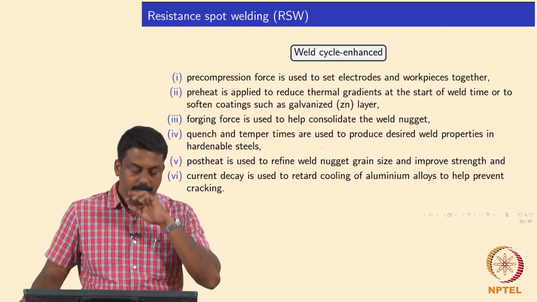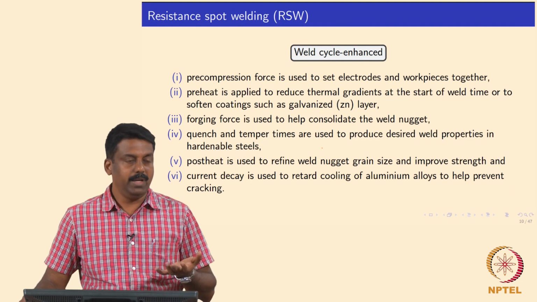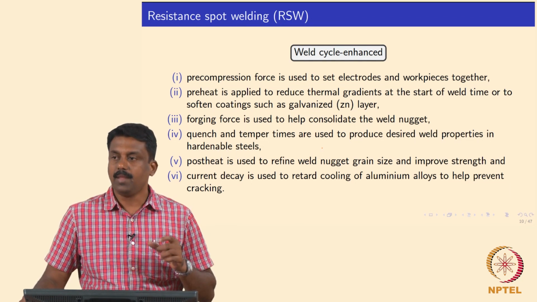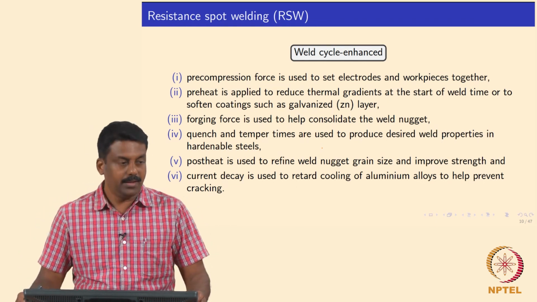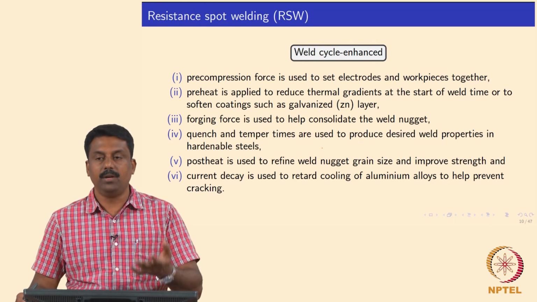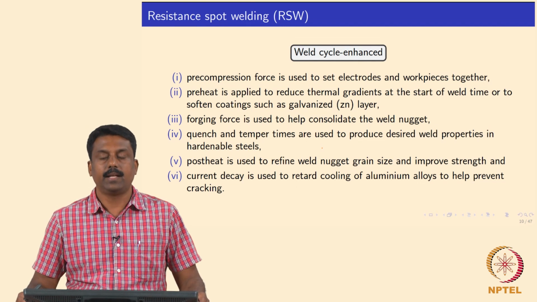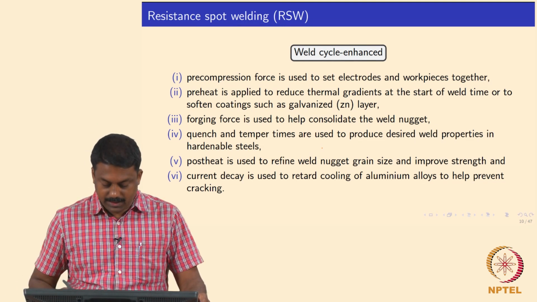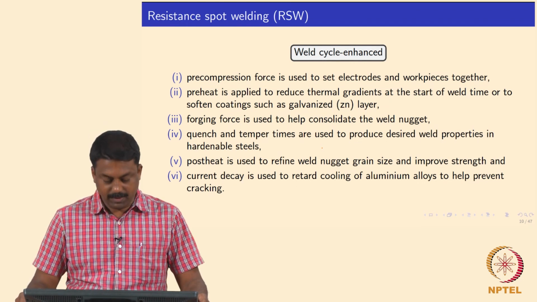Once you apply a preheating, you can also minimize the temperature gradient, and then you can apply a forging force to consolidate the nugget, and then you apply a weld thermal cycle, the actual welding time, and subsequently you can do a post pulsing for quench and tempering, right. It's clear. And you may also play around with the current decay, especially in aluminum alloys, to prevent hot cracking.